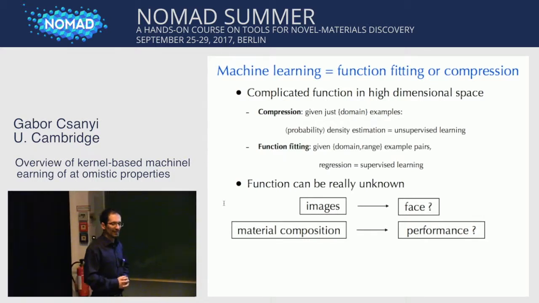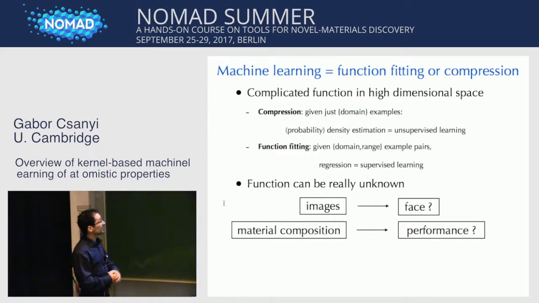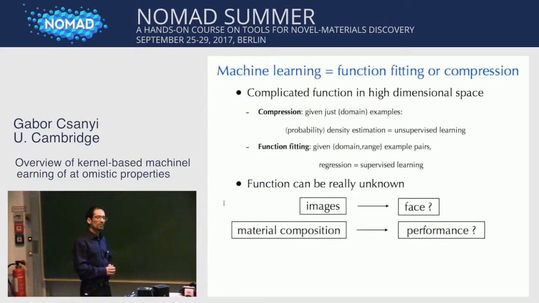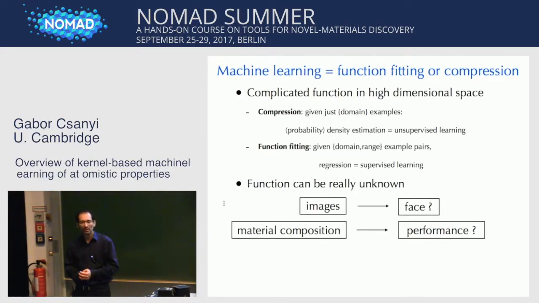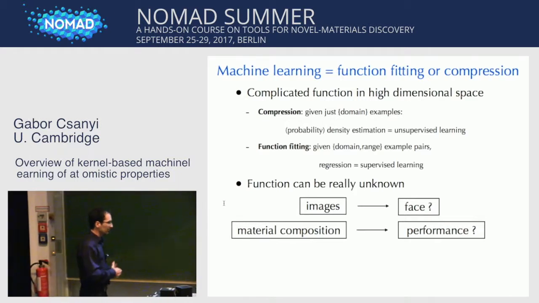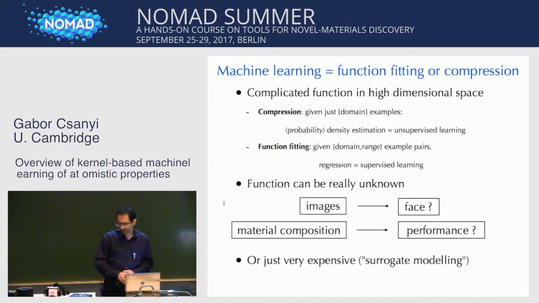You get to build that approximate function just by looking at the examples. More closely related to the materials field, if I want to predict the performance of a material based on its composition, based maybe on experimental data, on the history of metallurgy, then there is no deterministic function that tells me the answer. But just by the examples, we're supposed to build up a model that approximates that.